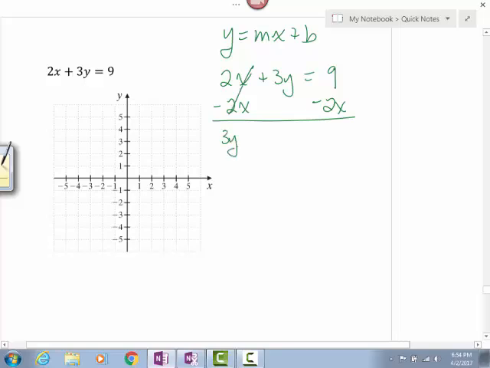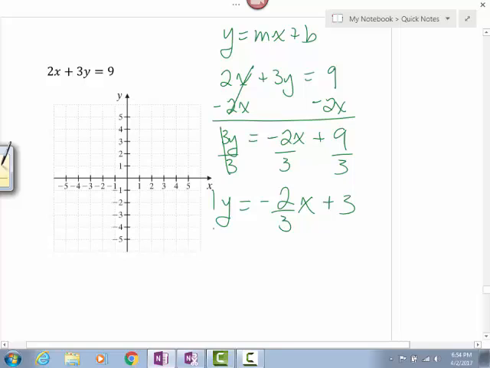That's going to leave me with 3y equals negative 2x plus 9. My next step is I want to solve for y, so I'm going to divide everything here by 3. That's going to leave me with y equals negative 2/3 x, plus 3 divides into 9, 3 times.